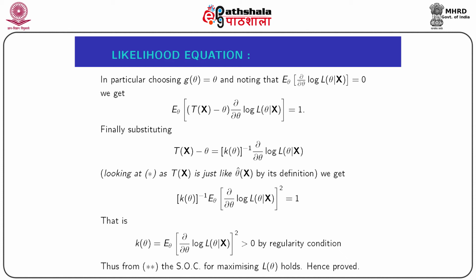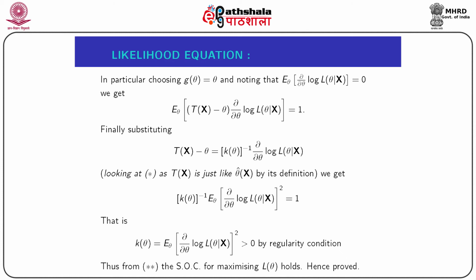Finally, we can substitute T(x) minus theta as k(theta) inverse times the partial derivative of log L(theta). Now we can think about how this substitution is possible. It is easy to observe.